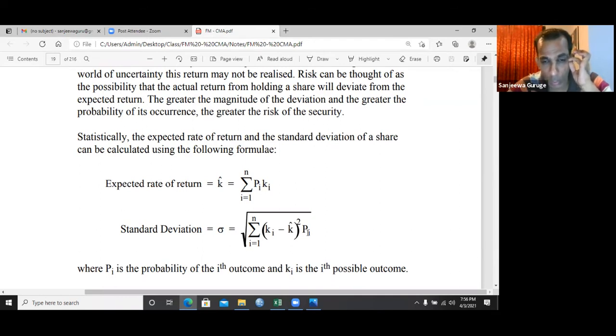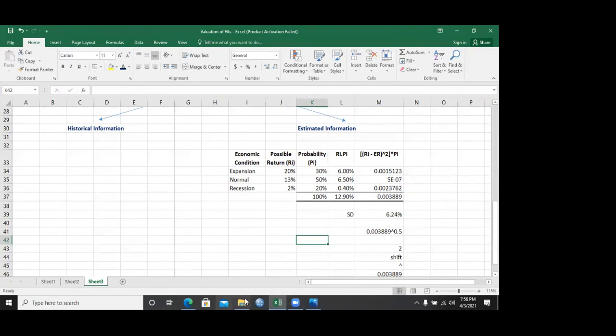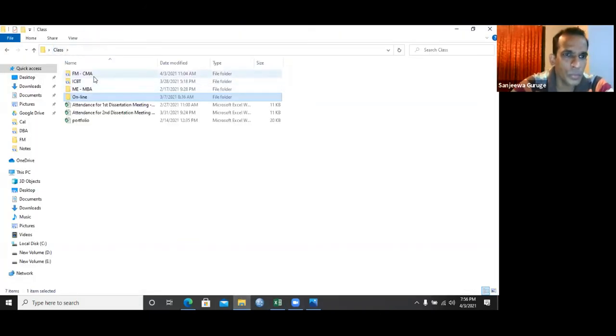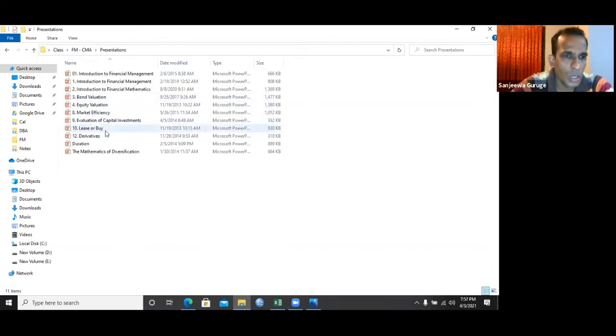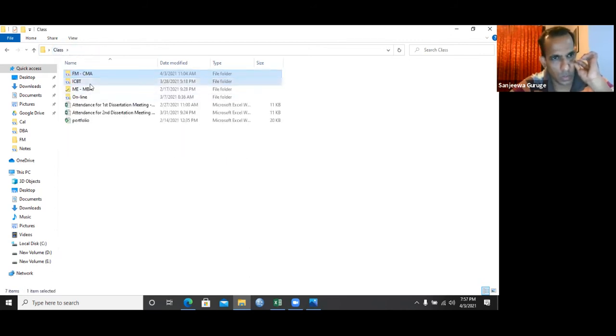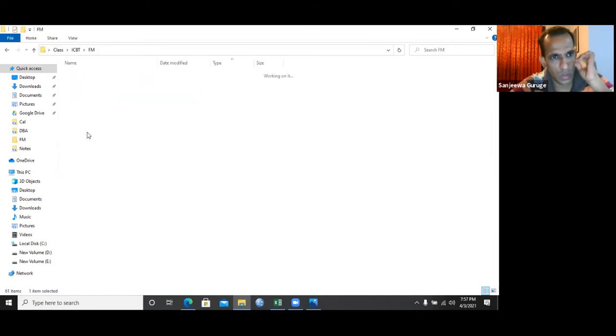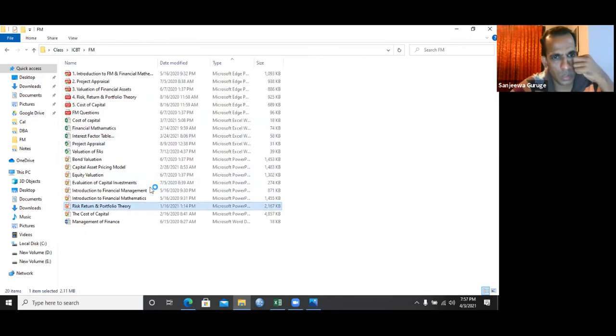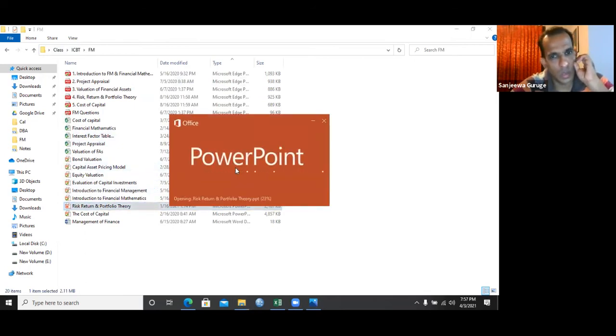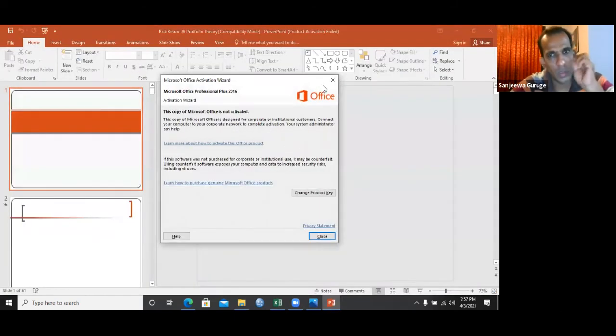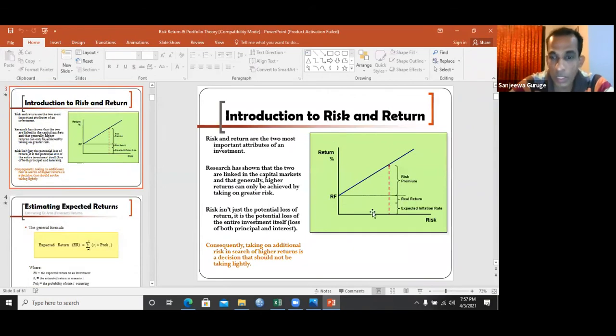Therefore, each return minus expected return squared, we get the total, and that should be divided by n minus 1. So here is that formula.